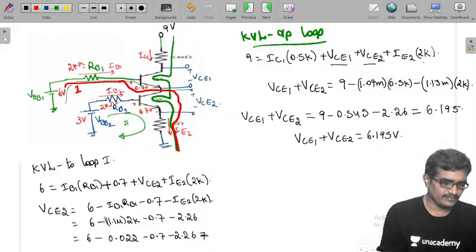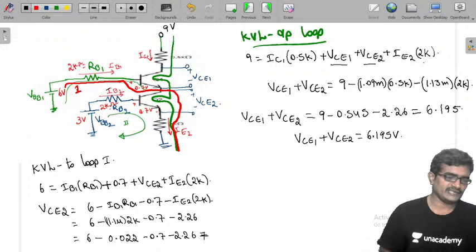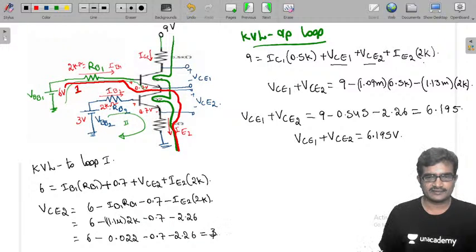So it is 0.722 plus 2.26 minus 6, which is 3.018. This is the value of VCE2.